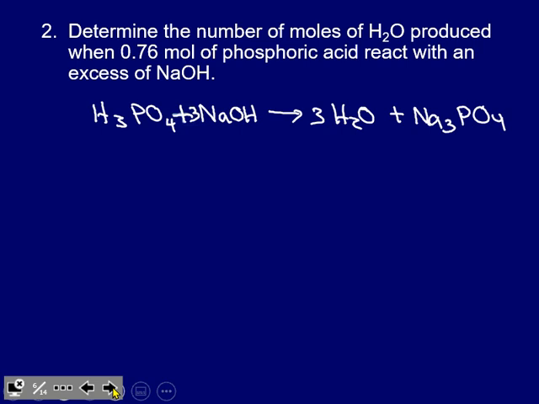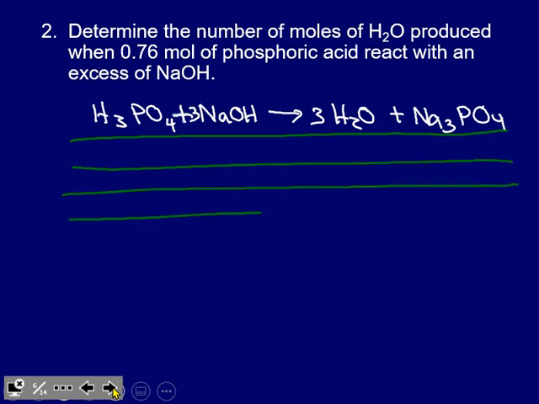All right. So, again, with these first ones, if you don't write the 3 lines or leave the 3 lines, it's not as much of a big deal, but because I said determine the number of moles of water, question mark moles.